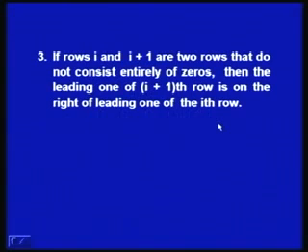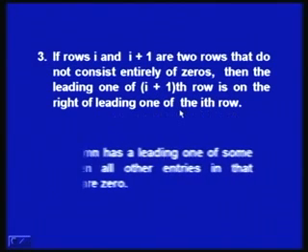The next property is, if there are 2 rows having non-zero elements, that means rows not consisting entirely of zeros, let us say the rows are the ith and the I plus 1th, then the leading one of the I plus 1th row is on the right of the leading one of the ith row. I will explain this with the example.